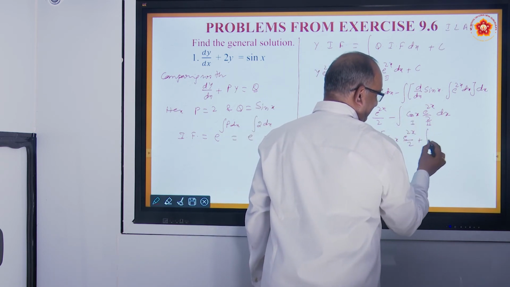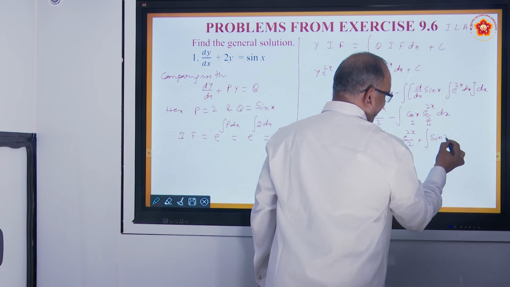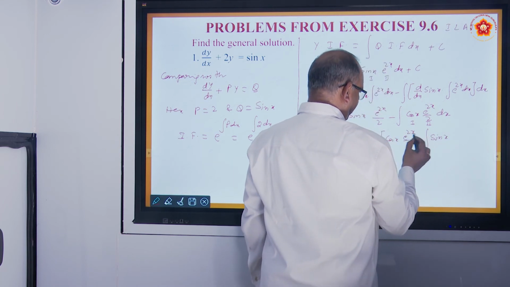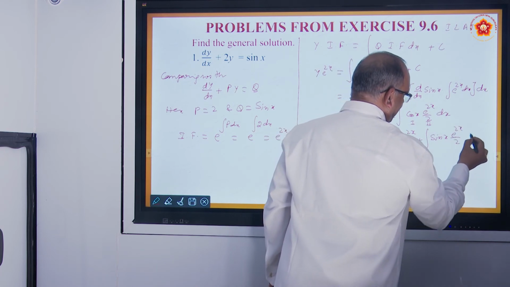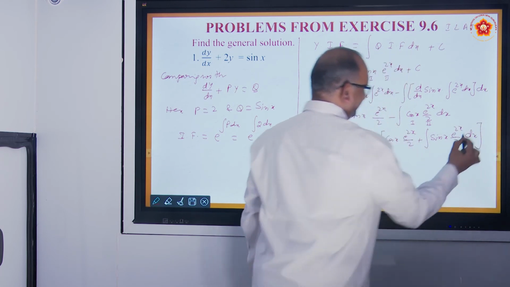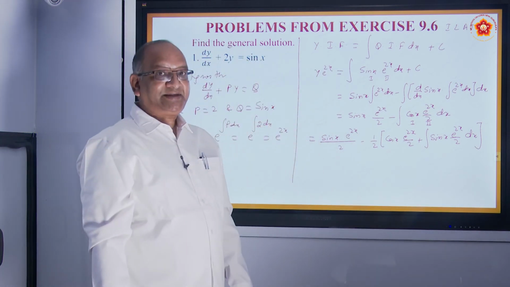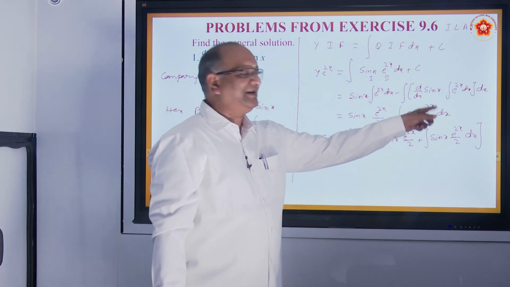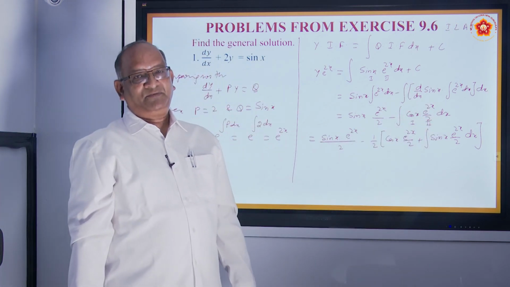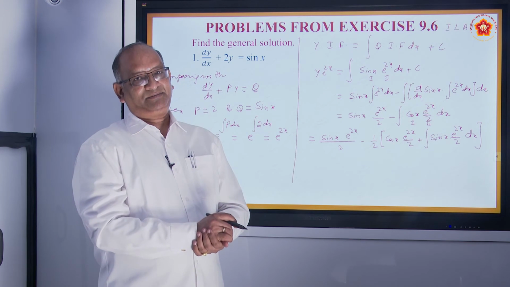So minus of minus will become plus sin x e to the power 2x by 2 dx. We started with sin x e to the power 2x, and again we got back sin x e to the power 2x. We got back the same integral again.